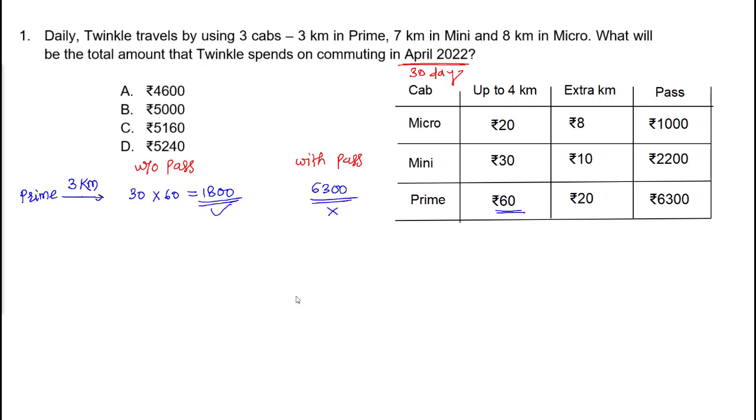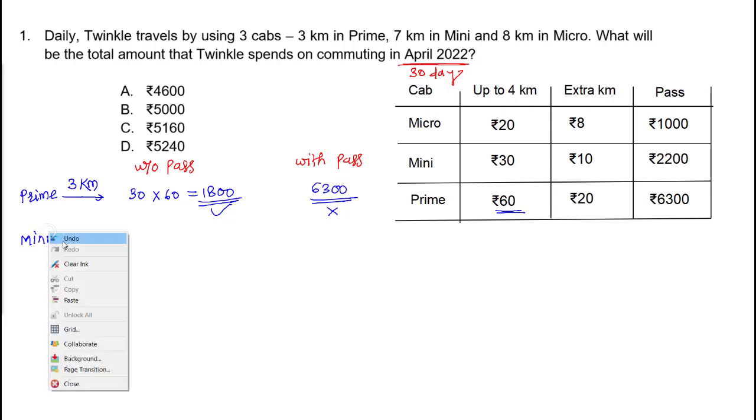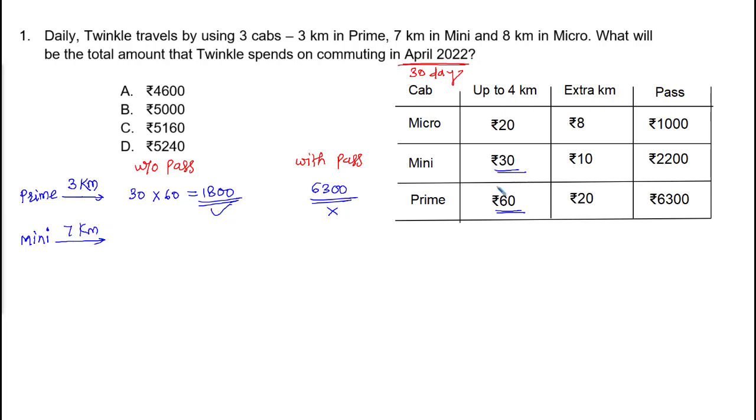After that, she is going to travel 7 km by using mini. By using the mini cab, she is going to travel 7 kilometers. So without pass, the expense is going to be how much? For the first 4 km, the expense is 30 rupees. And for the next 3 kilometers, the expense is 10 rupees every kilometer.